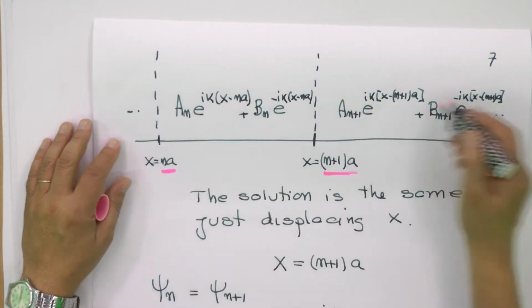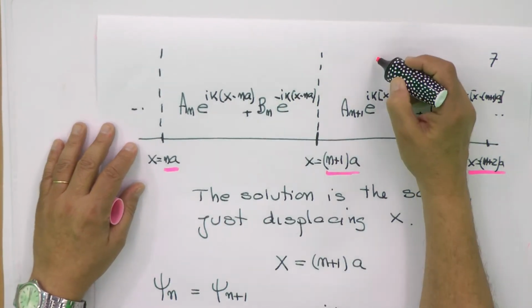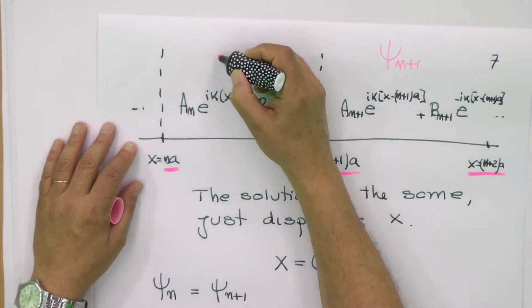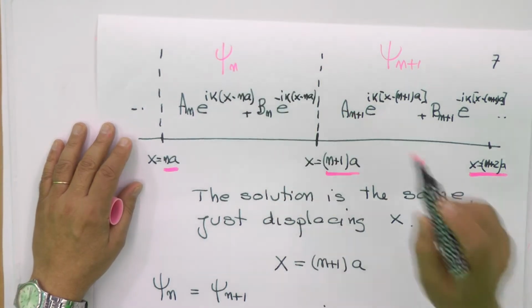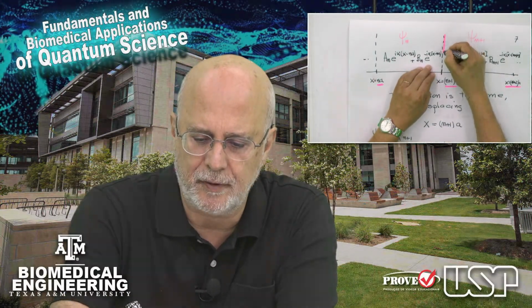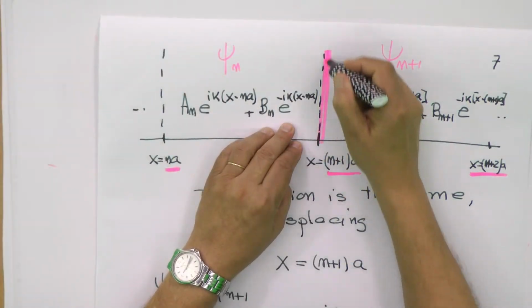So we are in between this situation. And I told you the function here is called psi n plus 1, and here it is called psi n, right? I told you that. And we are investigating this frontier here. We are matching the wave function here.